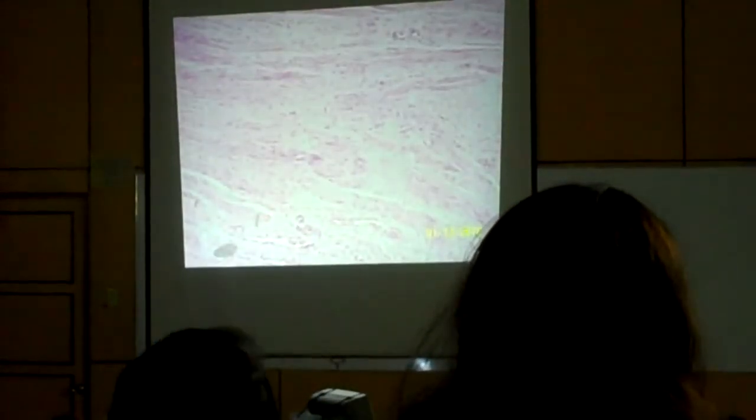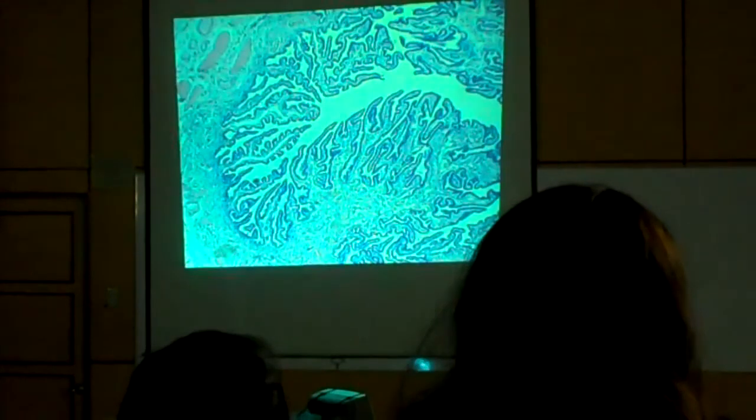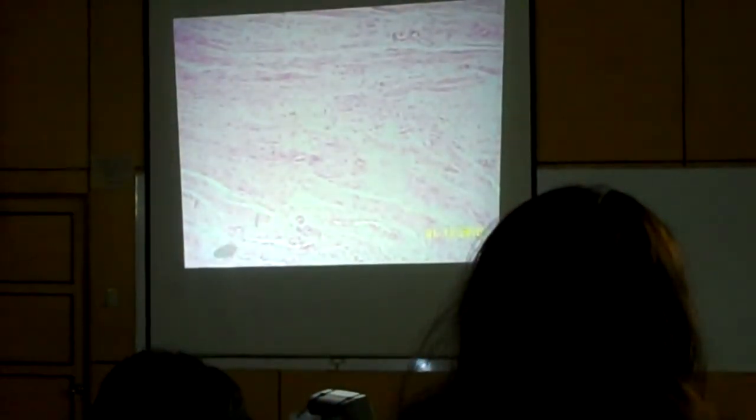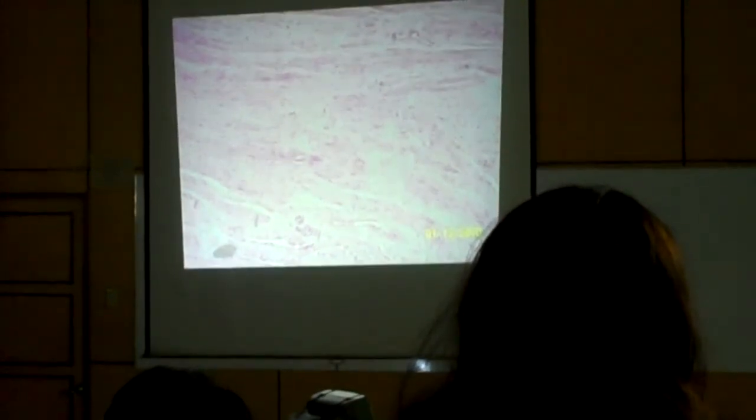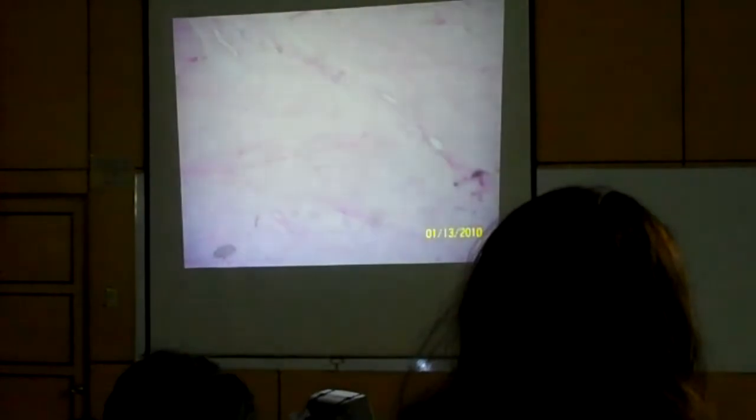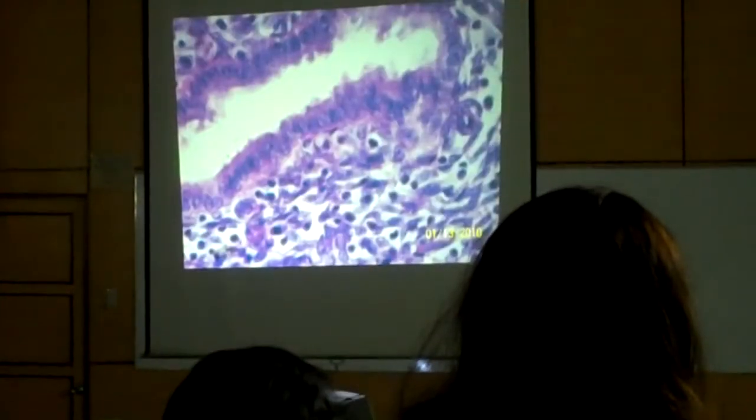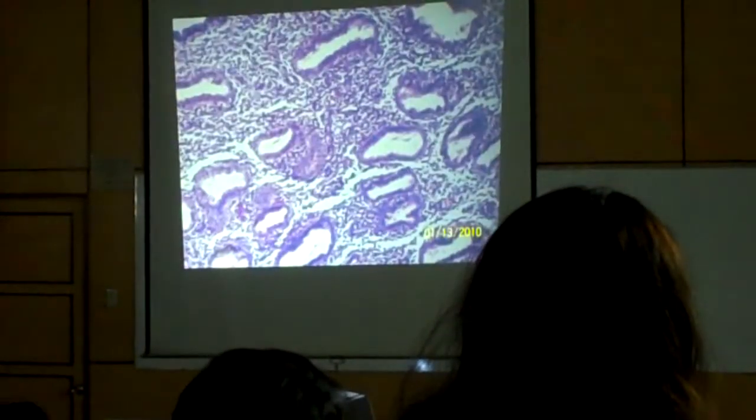Okay, this is the myometrium, composed of bundles and fascicles of smooth muscle. So again, we need to see the entire thickness of the layer before you can identify what organ it is.